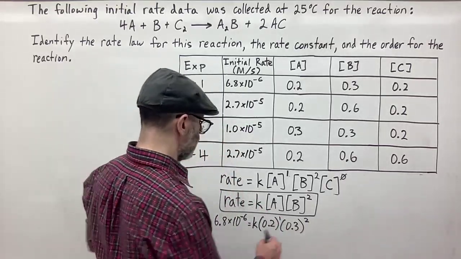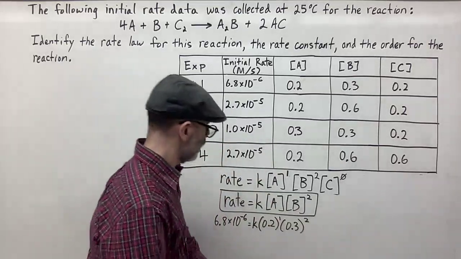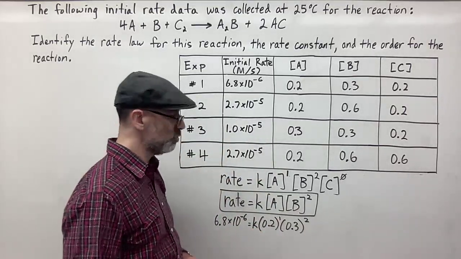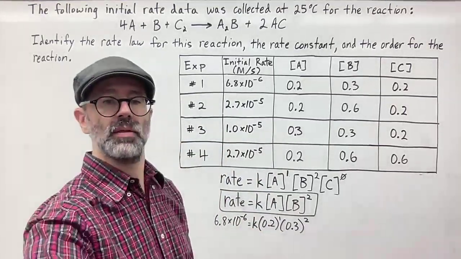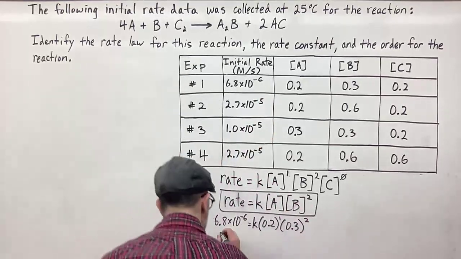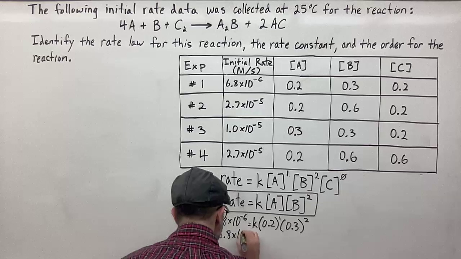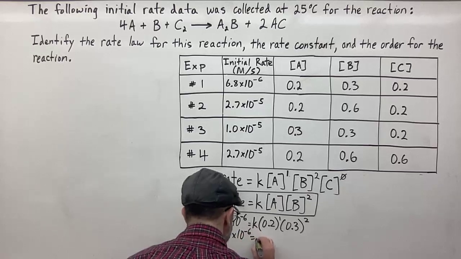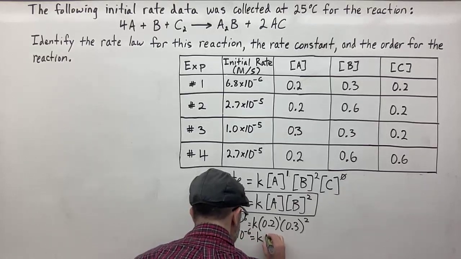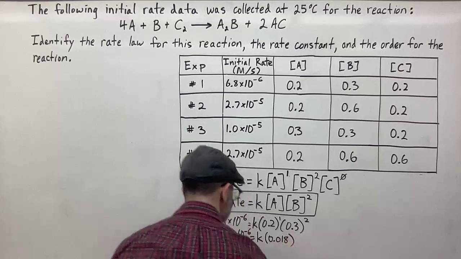So 0.3 squared times 0.2, that's going to give me 0.018. So 6.8 times 10 to the negative 6 is equal to K times 0.018.